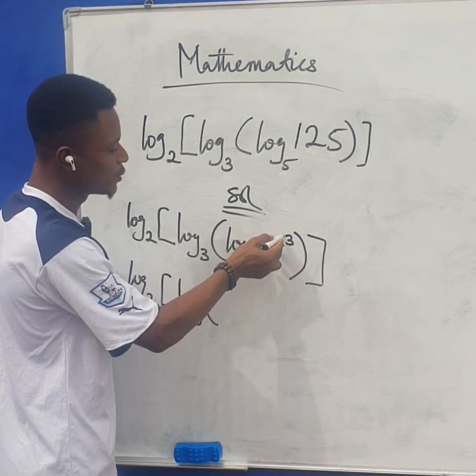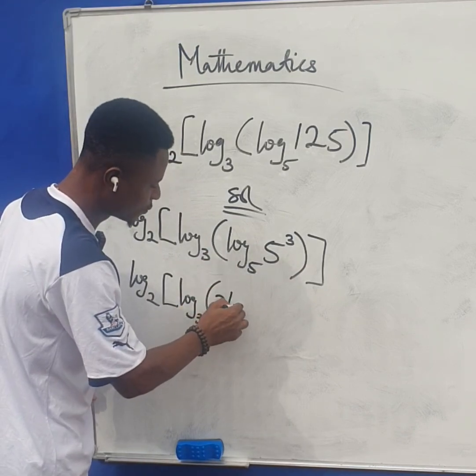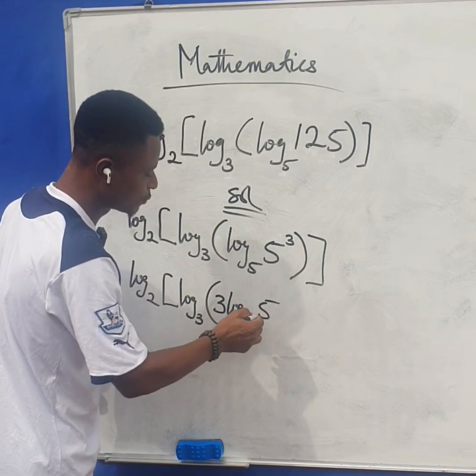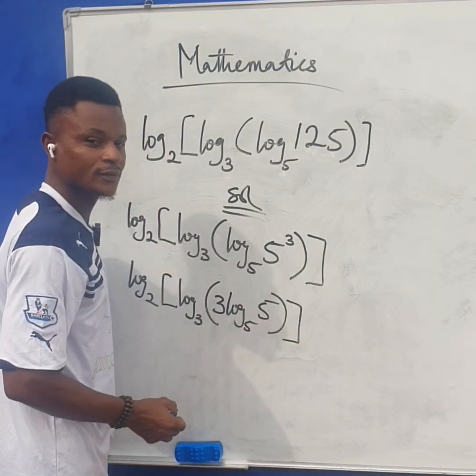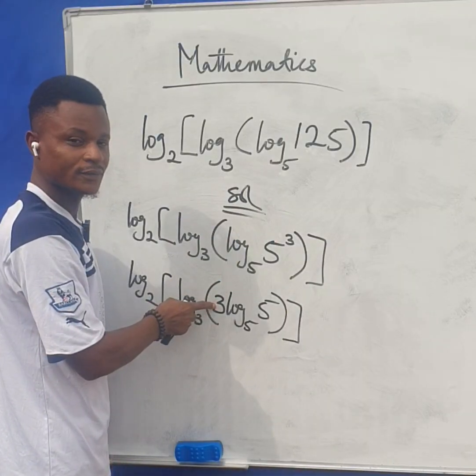So we are going to move this 3 to the front. That will give us 3 log base 5 of 5. Then we close the bracket and also close this other bracket.